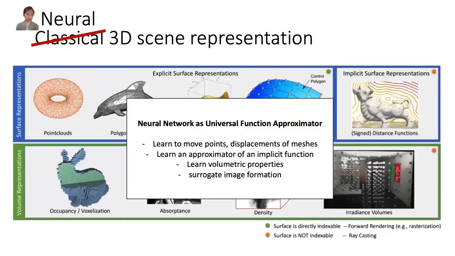In both scenarios, the neural network serves as a fundamental function approximator, which can learn to move points, deform meshes, or approximate surface properties, and even approximate the image formation function itself.